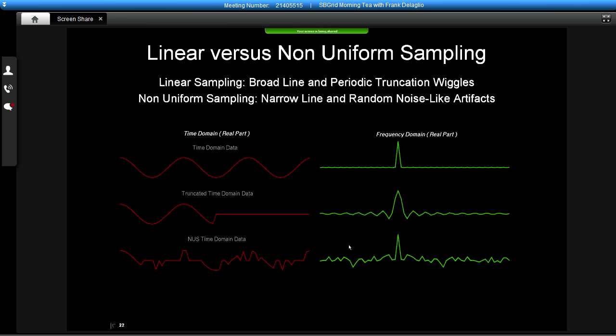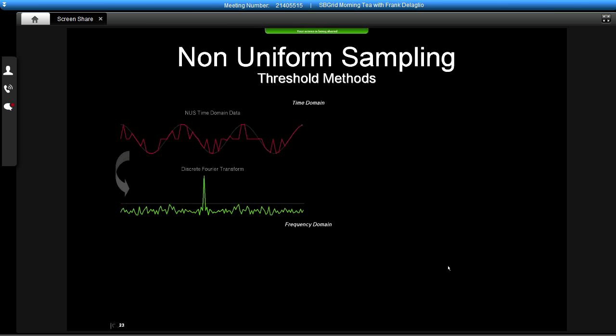So we can actually take advantage of this idea. We'd like to get nice sharp lines, but without this apparent random noise in the baseline. So we can't use a Fourier transform all by itself. Well, one hint is brought to us by a whole collection of different methods that depend on thresholding.